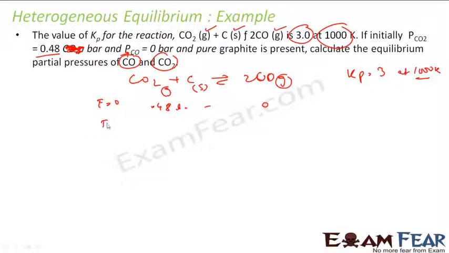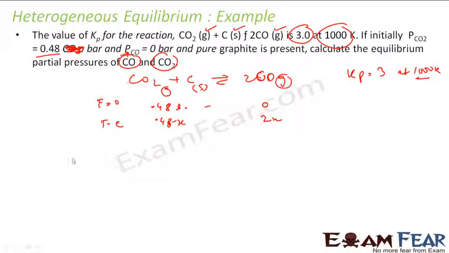At equilibrium, let's suppose 0.48 bar becomes 0.48 minus x. Since x is used, it will form 2x. Why? Because for CO2 the coefficient is 1, for CO it is 2. So if x of CO2 is used, 2x of CO will be formed.